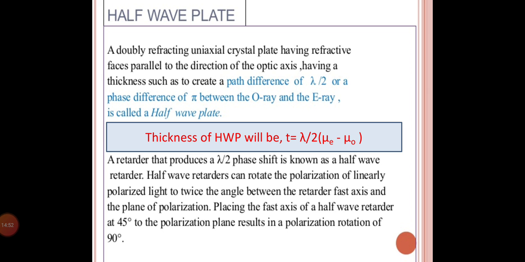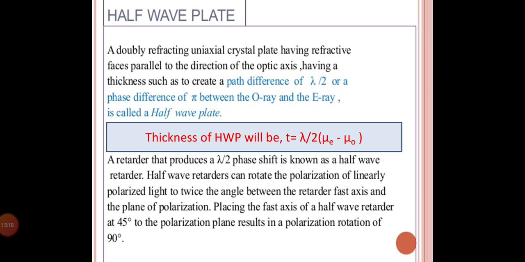The next one is the half wave plate. A half wave plate is a doubly refracting uniaxial crystal plate having its refracting faces parallel to the direction of the optic axis and having a thickness such that it can create a path difference of lambda by 2 or a phase difference of pi. Then we say that it is a half wave plate.